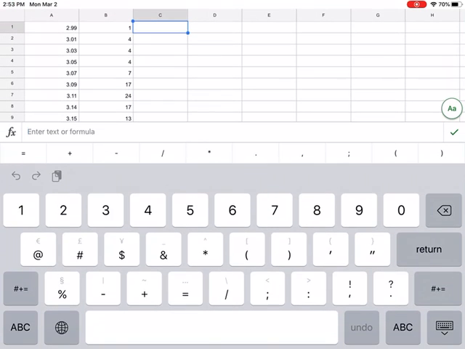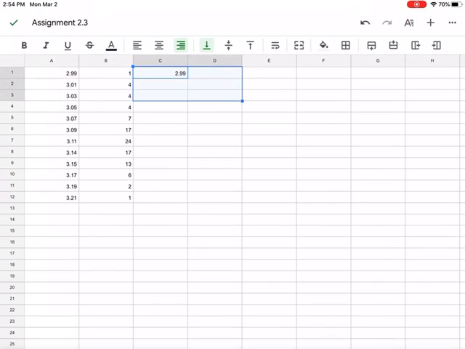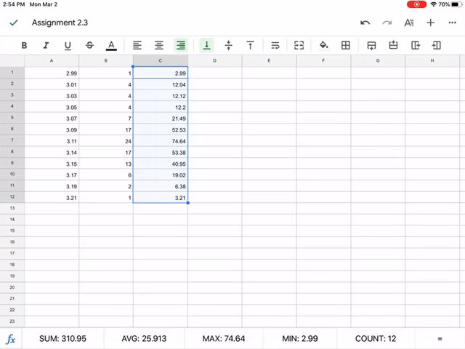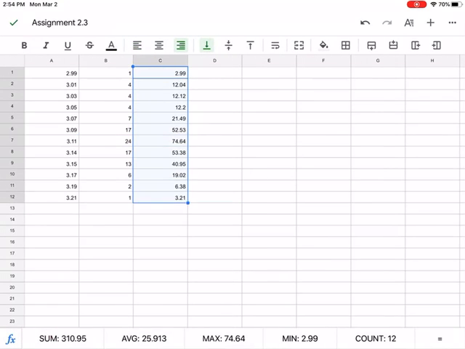But if I want to add all of these numbers together to find the mean, I'm going to have to use a formula. So I'm going to take A1 and multiply it times the number of times that occurs. So that's A1 times B1. Then I'm going to take that formula and fill it down. So now I have the sum. For example, 3.11 times 24 is going to equal 74.64.